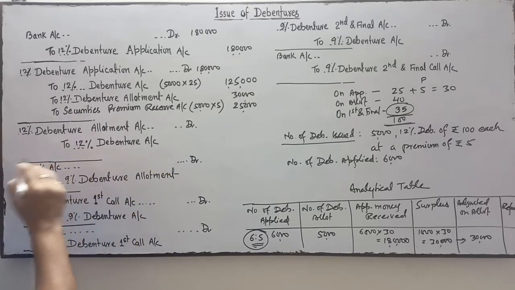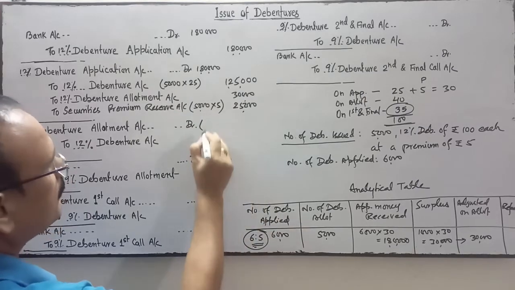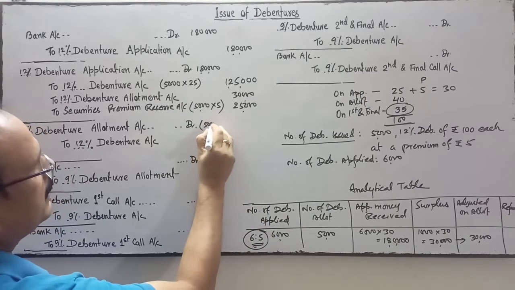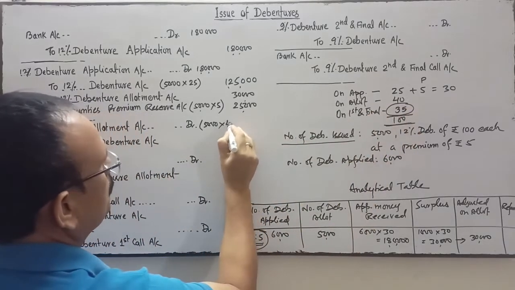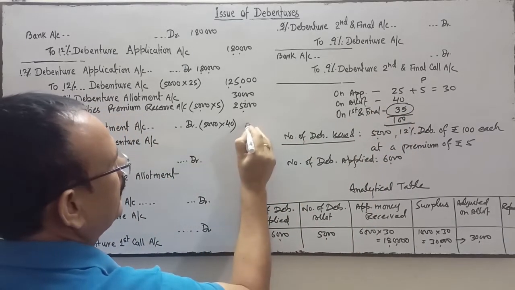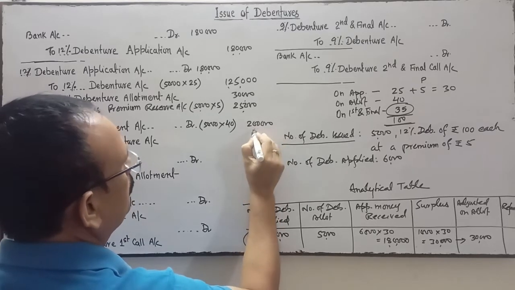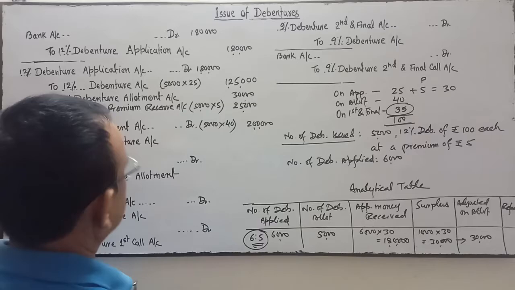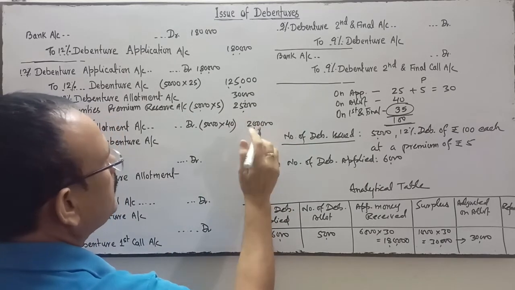So here the 12% debenture allotment account debit: number of debentures allotted is 5,000 and allotment money is rupees 40. So 5,000 into 40, it's 2 lakhs. So 2 lakhs will be debit and credit.